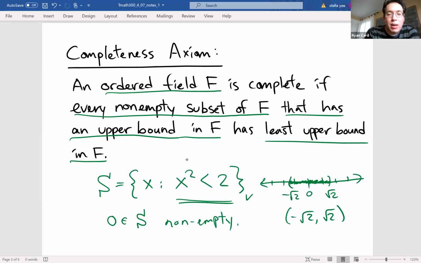It also has an upper bound, right? Upper bound means, let's say M is my upper bound, M equals 2. If you take any X in S and you square it, I claim that this number X has to be less than 2.